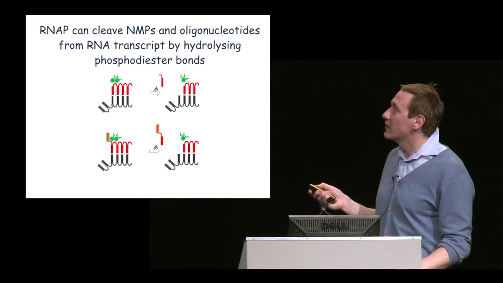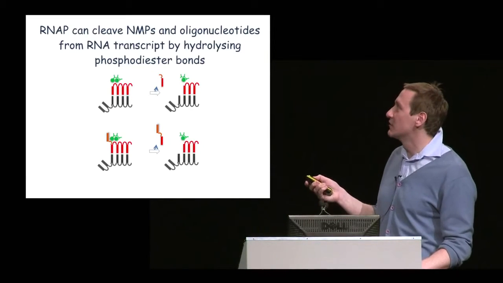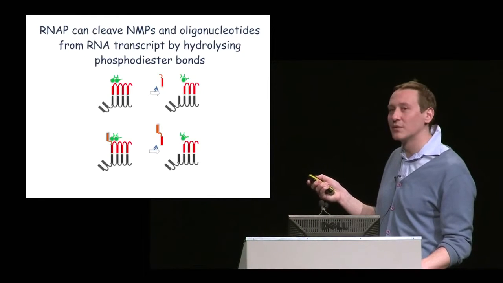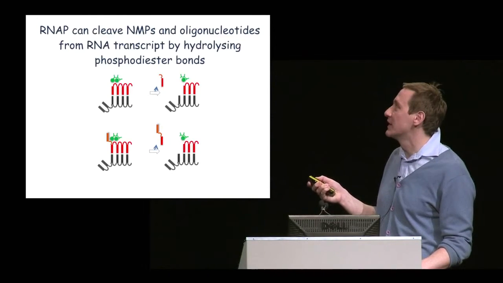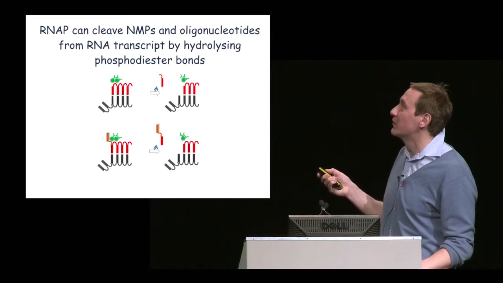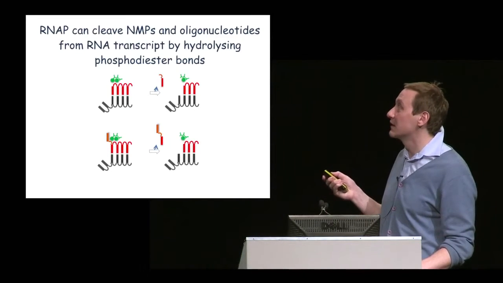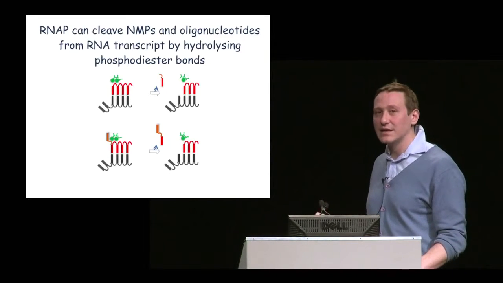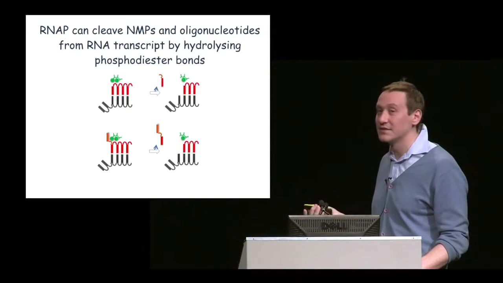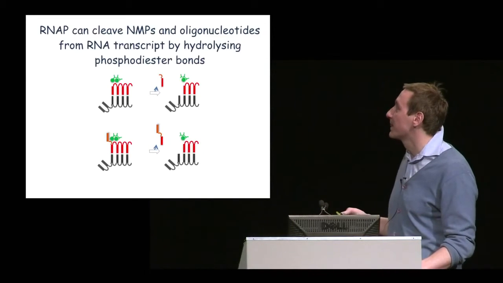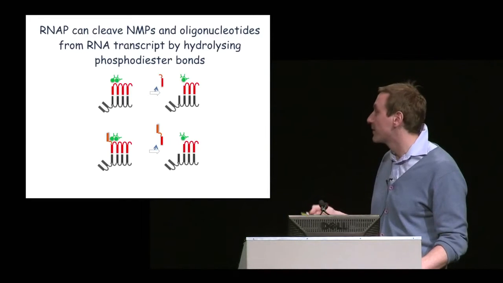To do so, the RNA polymerase shifts backward, so the active center shifts backward to the upstream phosphodiester bonds, where it performs the catalysis. And the cleavage reaction is catalyzed by the same active center as the addition of nucleotides.